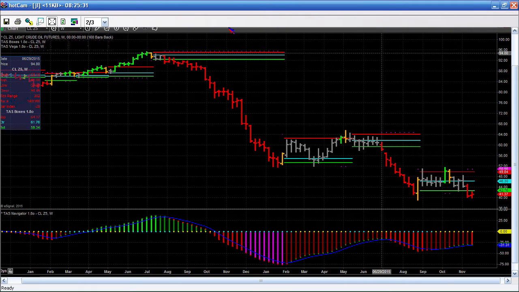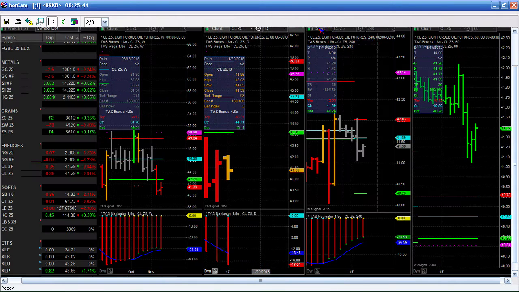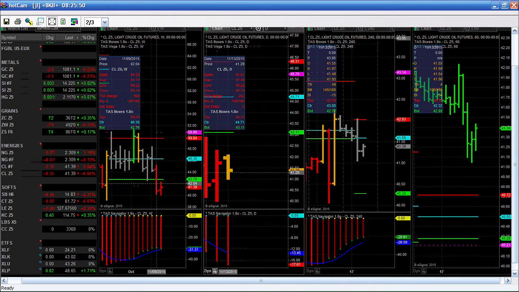Then you could really use that as a fence, as you see on the weekly and daily, to start playing the long game a little bit. I think you're going to have to wait till the dollar settles out here and figures out what it's going to do. But again, marks above 43 you're going to have to pay attention to, and I'm not comfortable going short down here on crude oil.